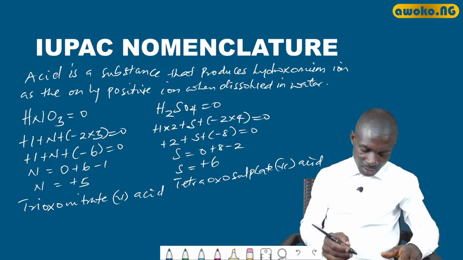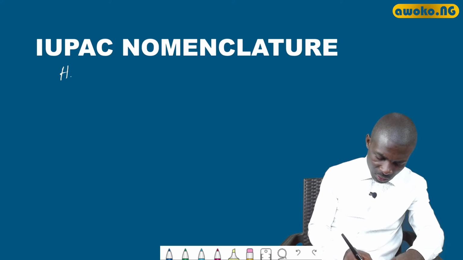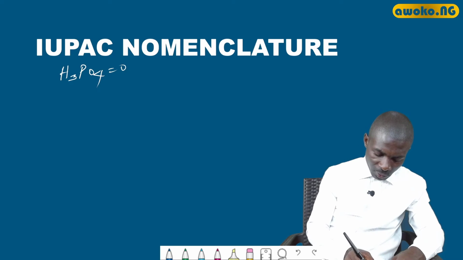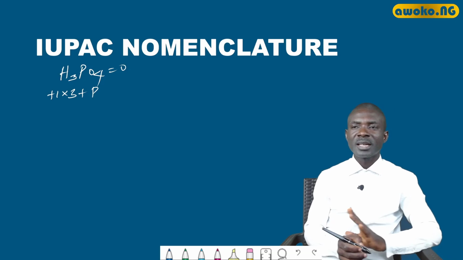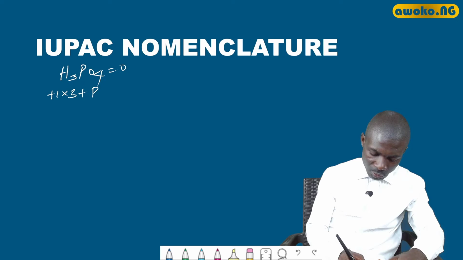Now let's talk about another example of an acid, which is H3PO4 equals 0. So for H3PO4, we have +1 multiplied by 3 plus P. Of course, P here is the central atom, which we make the subject of the formula. So we have plus (-2) times 4 equals 0.